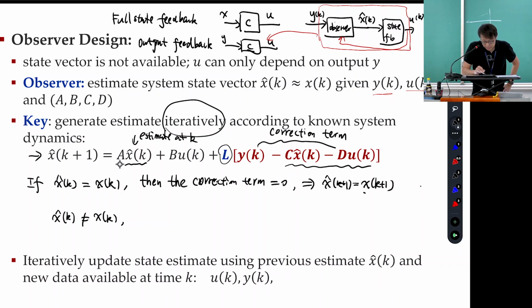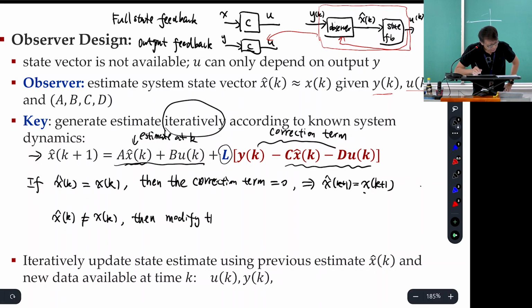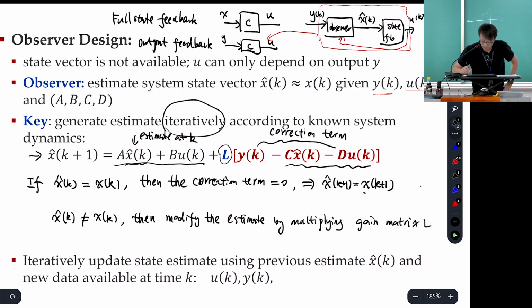So the estimate is modified by multiplying the gain matrix L with the error.